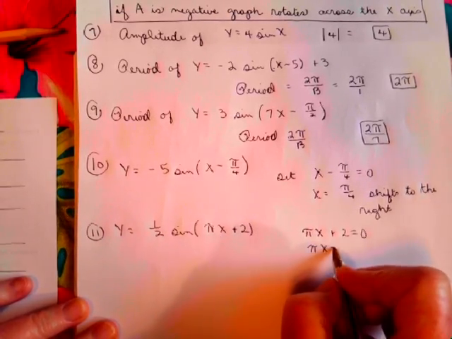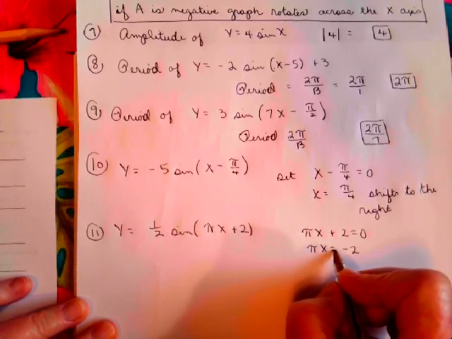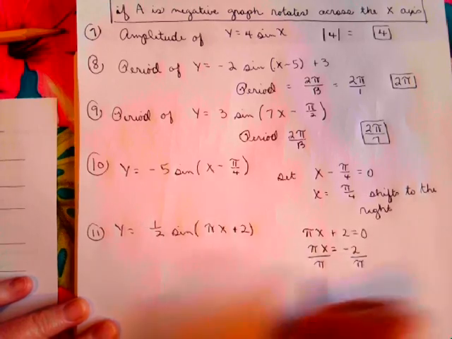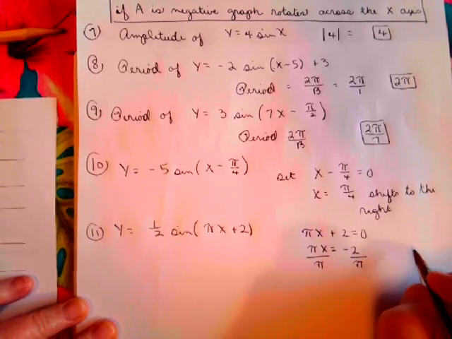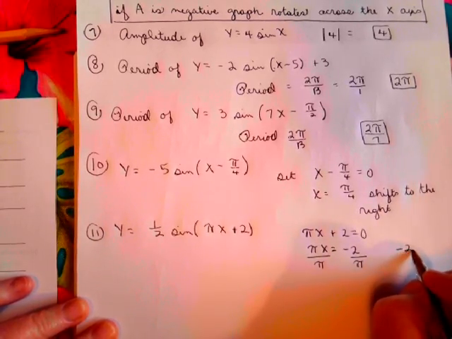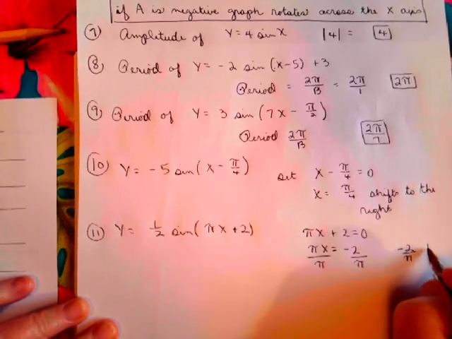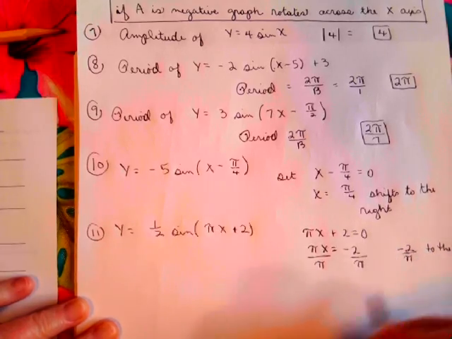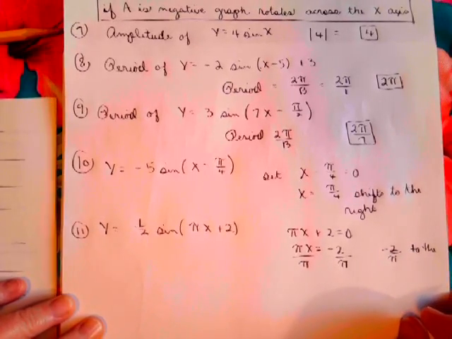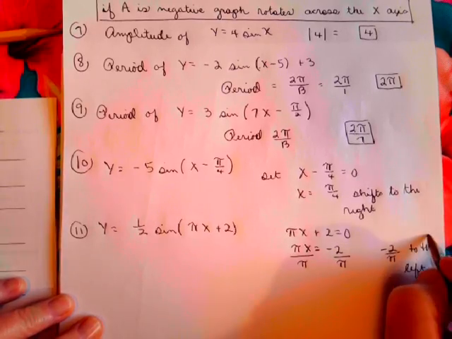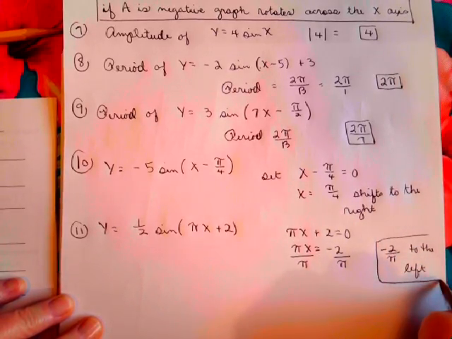Pi x equals negative 2. Divide both sides by pi. Phase shift is negative 2 over pi. It is to the left. Because this is negative, it is shifting to the left.